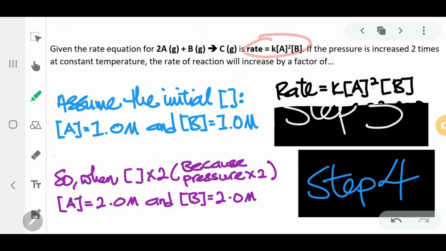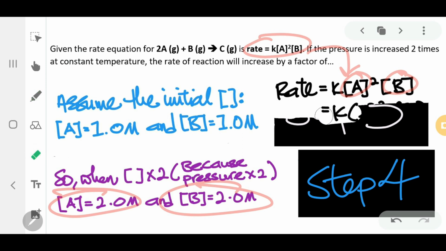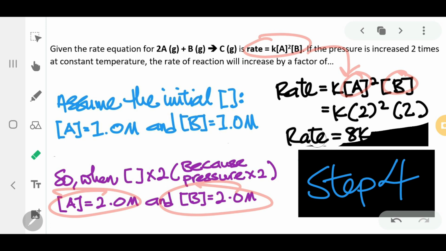Okay, right there. So this is the rate equation. We'll take the information you have there and substitute it into the concentration of A and B to get this expression. You get rate equals 8k.